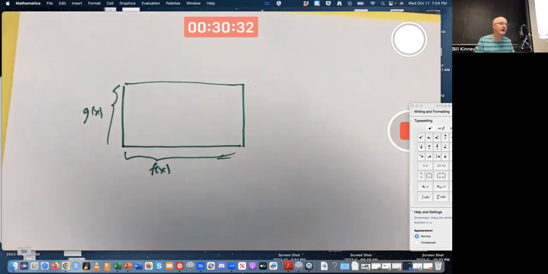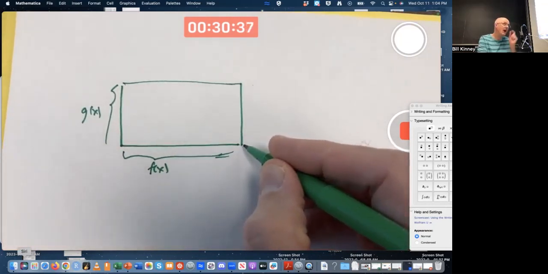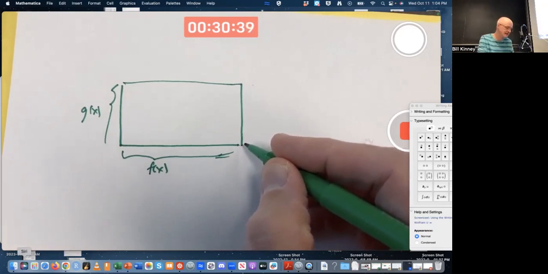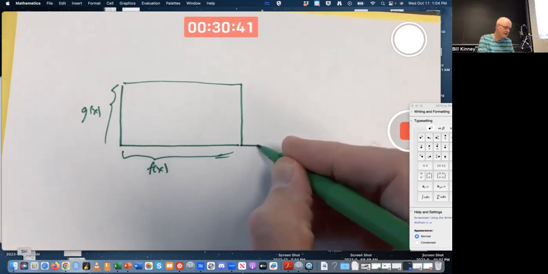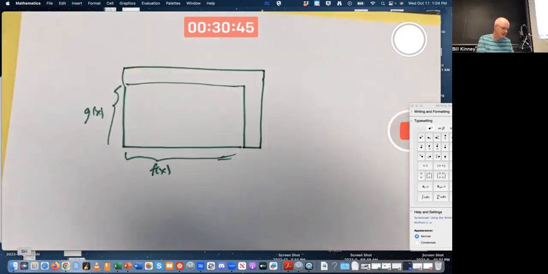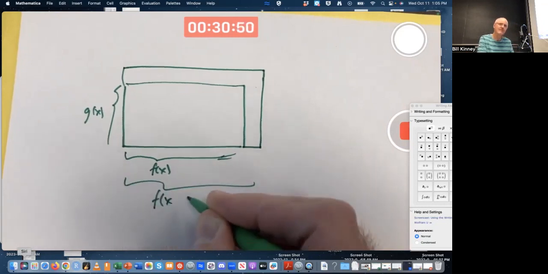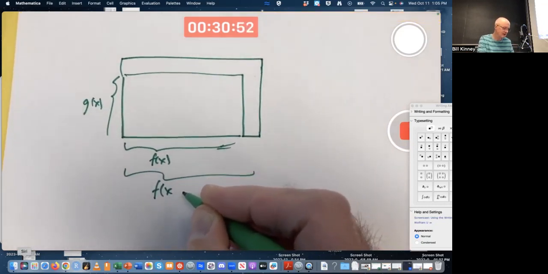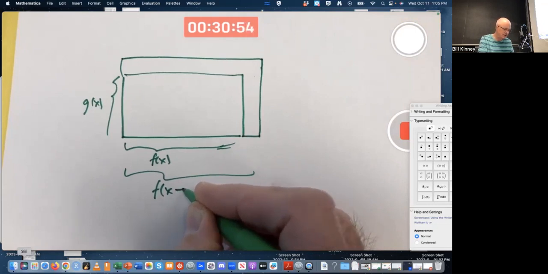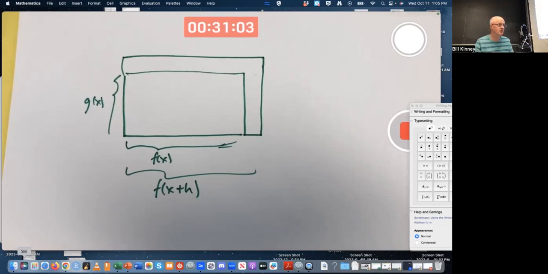This rectangle is growing. After some small amount of time, call it delta x, it's become a little bit bigger. What are the new side lengths? How about f of x? Well, should I use a delta x? Okay, I could use a delta x. Let's use an h to be more consistent with the letter we use with the limit definition of the derivative, because that's what I'm ultimately going to use.